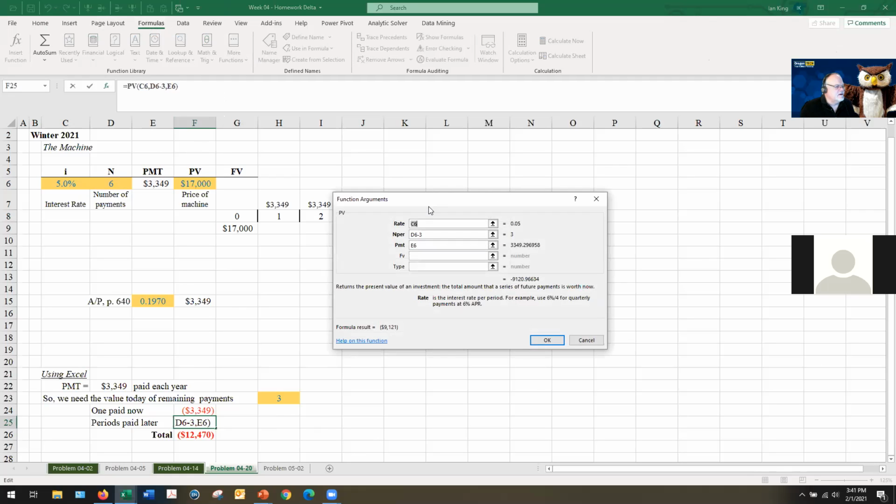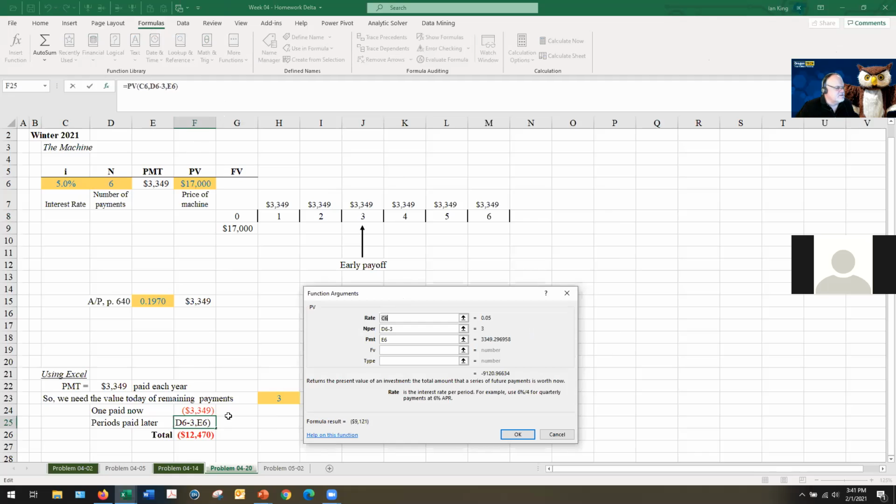Put in my formula here. We can't read that, it's tiny on the screen. All I said is give me the rate, the same 5% we're using. Number of periods, I put D6 minus 3, just to show you that you can put formulas in your formulas. I could have been smart and just put 3, but I put D6 minus 3, because if you have a formula calculation, you can put formulas within your present value, future value, rate formulas.